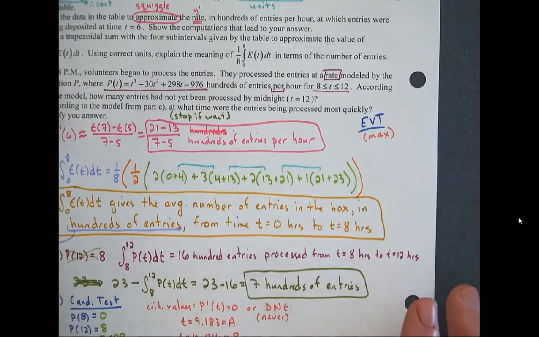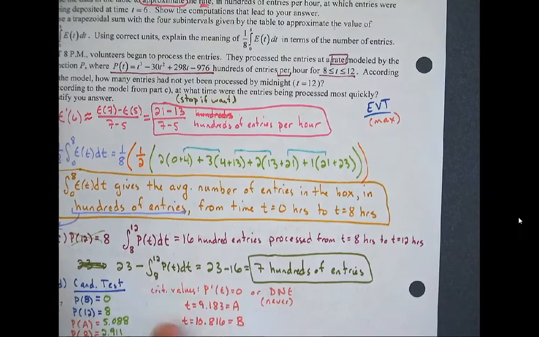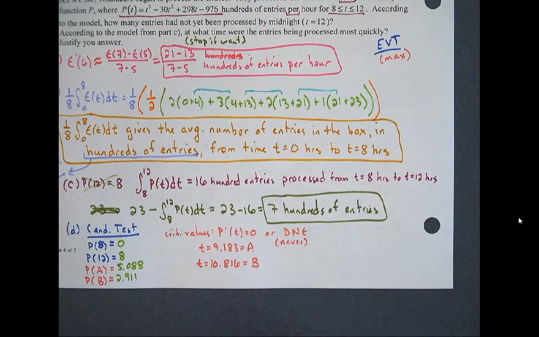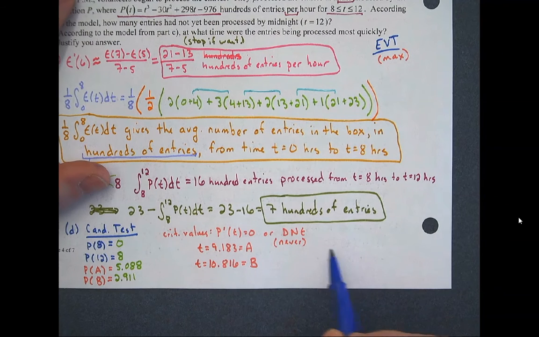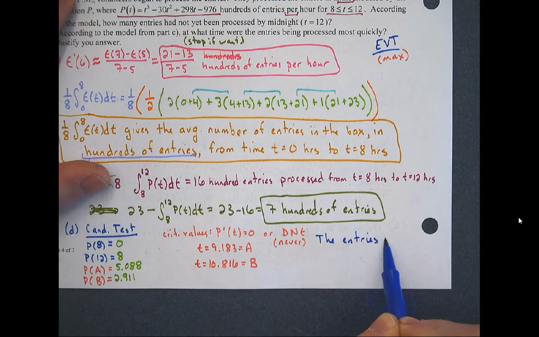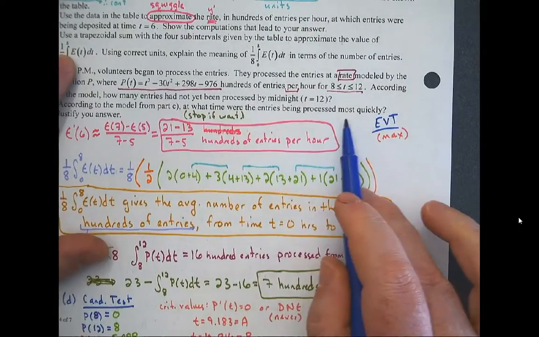Now I'm going to read the question again before I write this all up. According to the model from Part C, at what time were the interests being processed most quickly? This is our justification. We don't have to do any more justifying here. We can just jump right to the answer. And our answer is the entries were being processed, and I like to use their wording, most quickly.